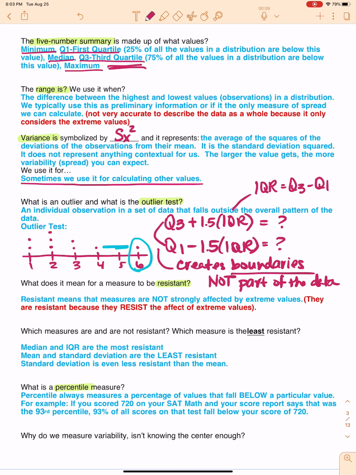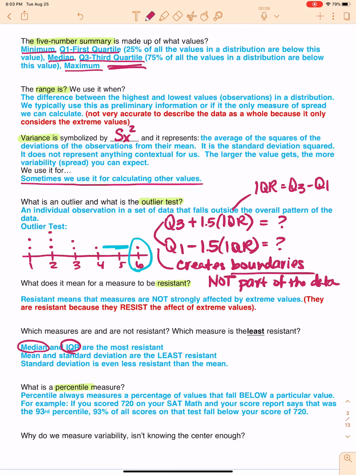Well, that comes into play when I start talking about values of mean and standard deviation. Remember, I've told you that when we are looking at a data set that has a distribution that is not symmetrical, we want to report the median and IQR for measures of center and spread. Why?